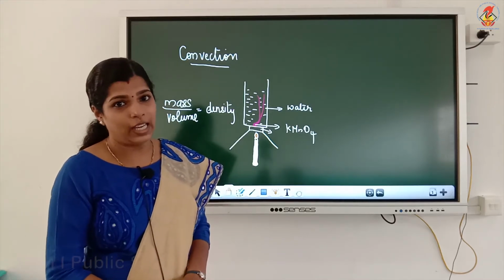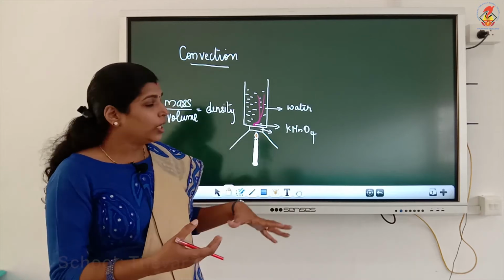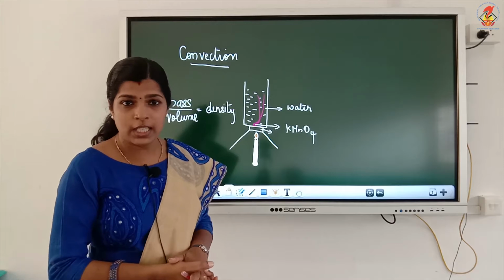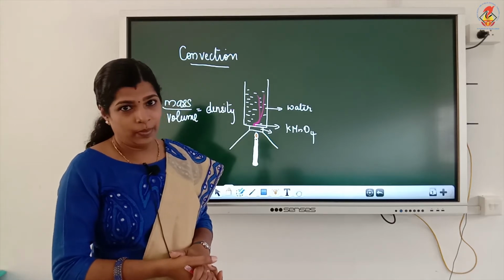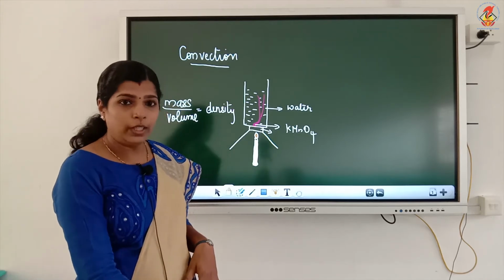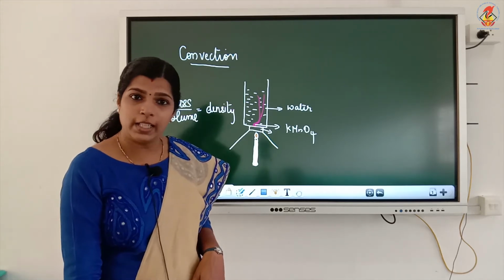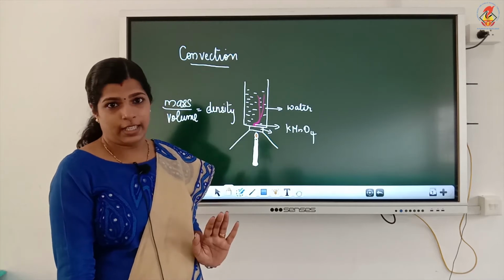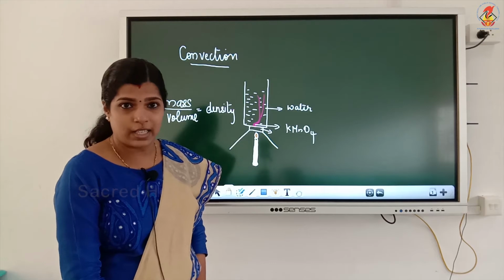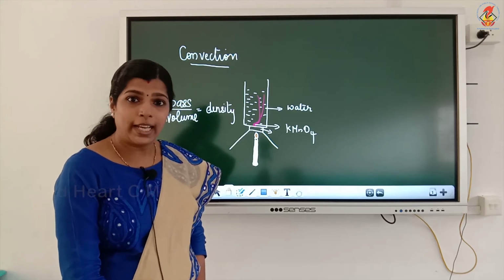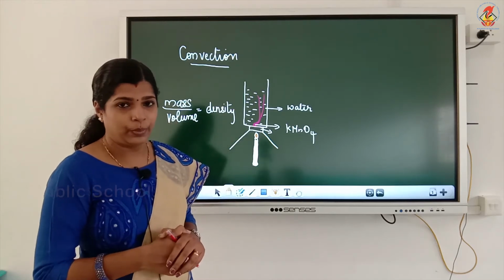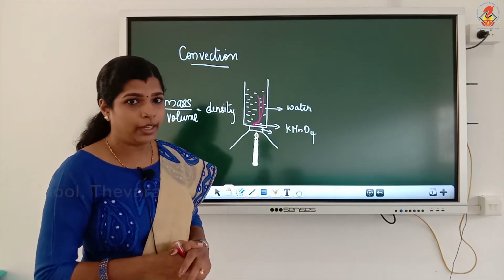So when you heat a substance, it expands, the volume increases, but the mass is not changing, so the density decreases, and the object becomes lighter and moves in the upward direction.